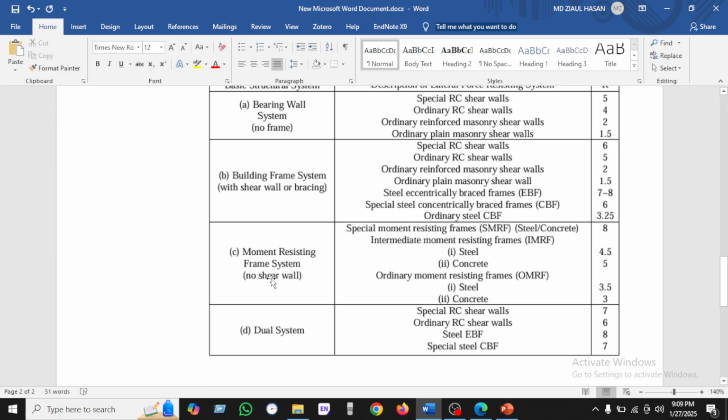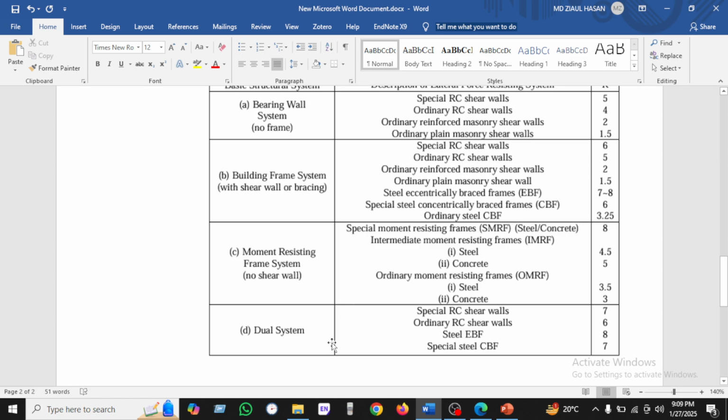In this case, the moment resisting frame will be used as usual. Moment resisting frame means a beam and column system. If we use a special moment resisting frame, it will be called SMRF, and it is 8. And if you use the intermediate, then we can use concrete for 5 and steel for 4. And if you use ordinary, it will be 3.5 or 3.